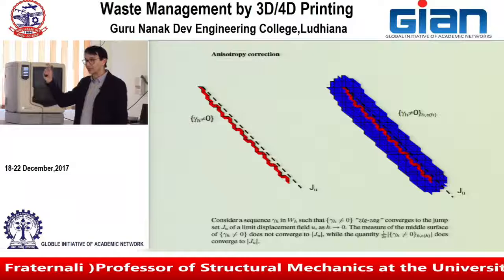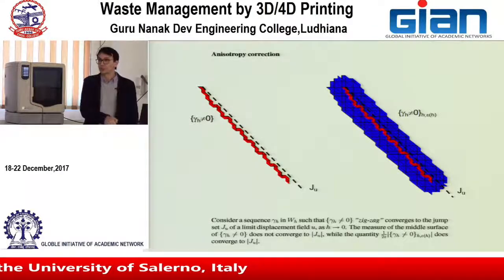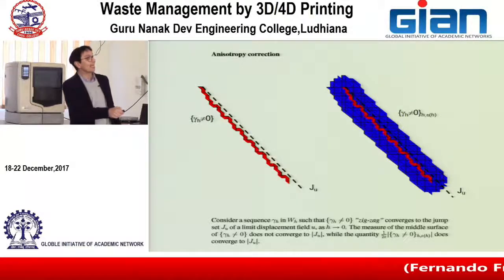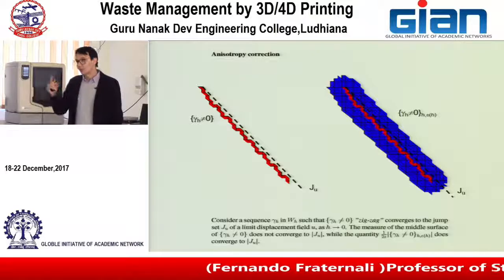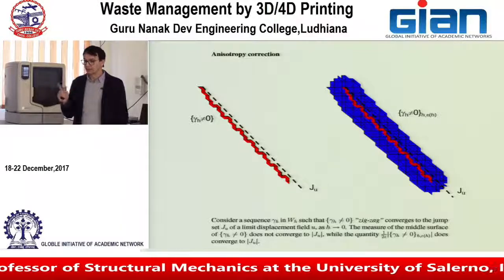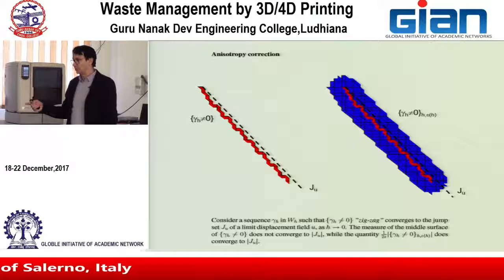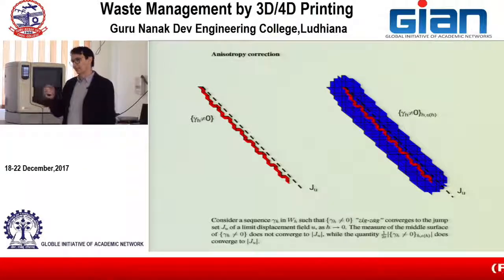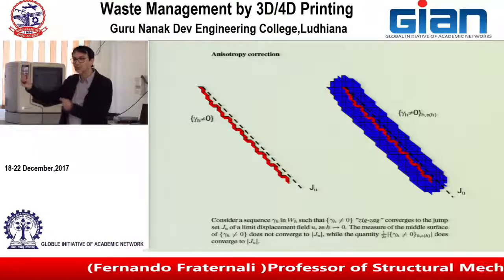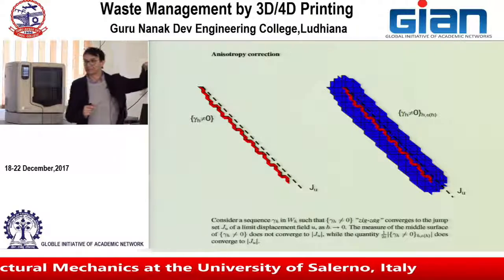Epsilon is a parameter. So the blue region is what we call the epsilon neighborhood of the damaged region. What is the epsilon neighborhood? It is the set of all the elements that are at a given distance epsilon from the damaged region. It's the blue area.